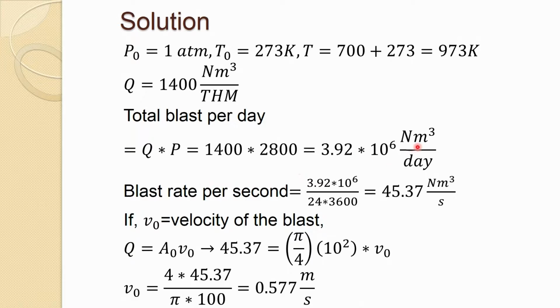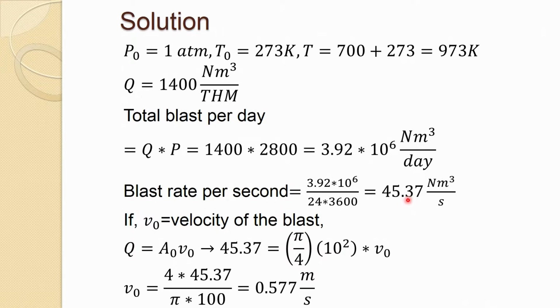Now in terms of second, we have to convert day into second. So 24 hours into 3600 seconds will give you the blast rate of about 45.37 normal meter cube per second. So this is the blast rate.